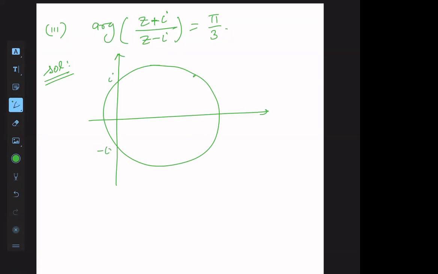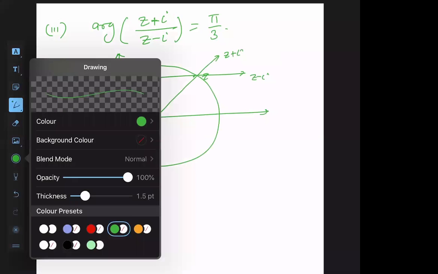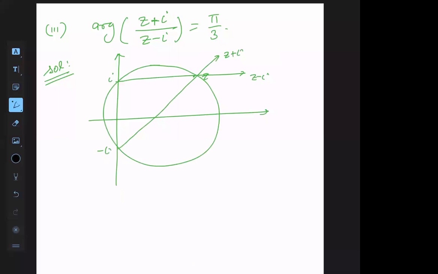Now take any point z here. So this vector will be z plus i and this vector will be z minus i. So I have to rotate z minus i to form z plus i. So I have to rotate in clockwise direction. So this angle is pi by 3.